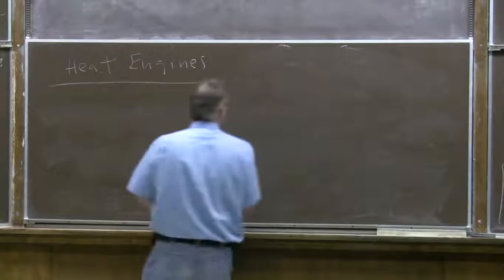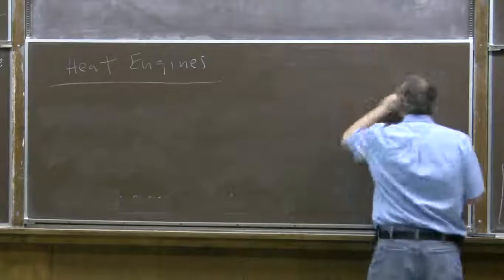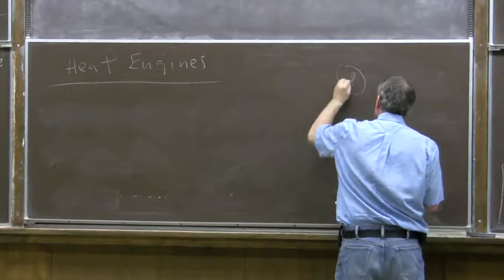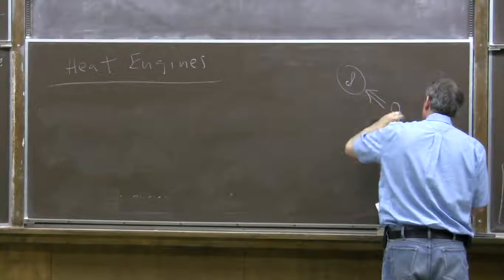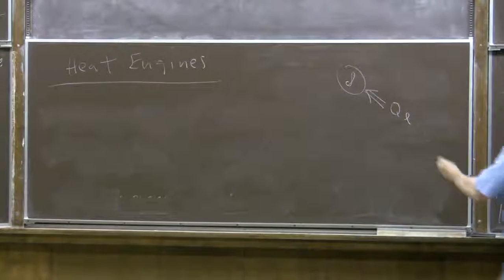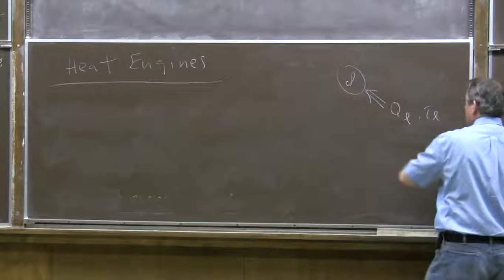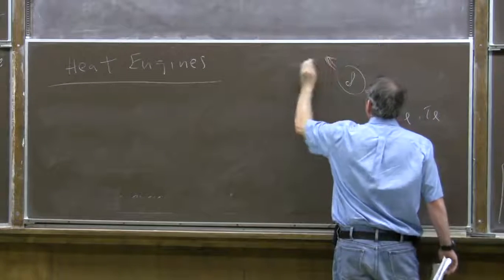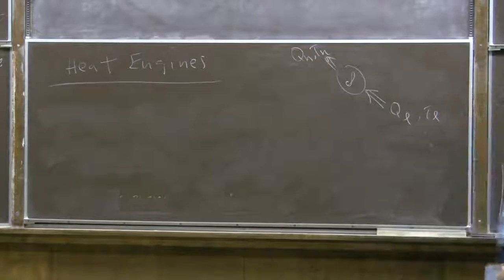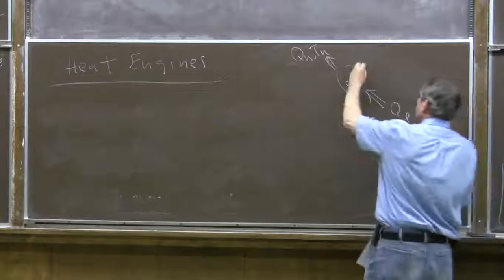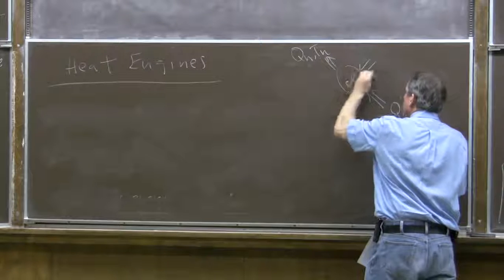So same picture, but with the arrows going in the other direction. Here's the system. Heat flows in, QL coming from the low temperature reservoir. It gets expelled, QH, at temperature tau H. And now, instead of work being done, work W is done on the system.